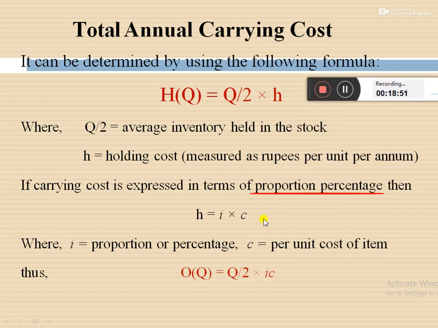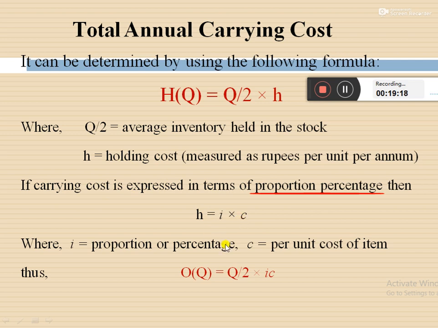So in case the cost of an item is equal to 100 rupees and the carrying cost is given as a proportion of the cost price, suppose it is equal to 20% of the cost price, then the carrying cost, or H, would be equal to I into C. I is 20% and C is 100.